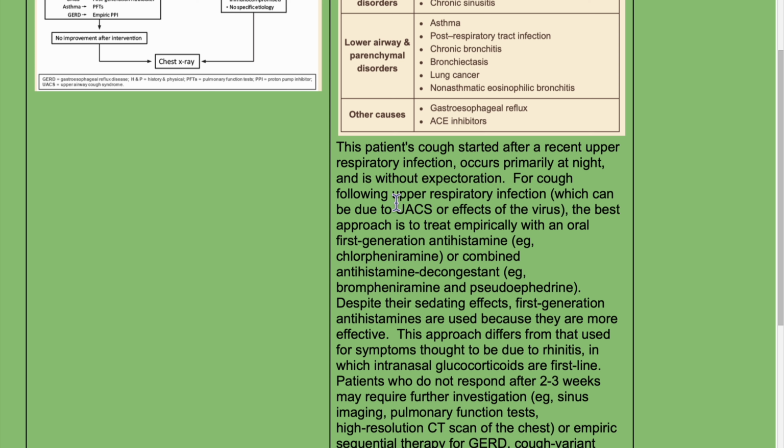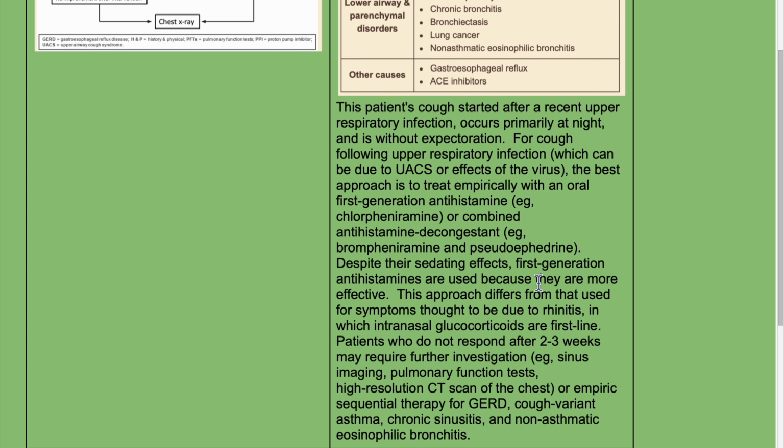The best approach is to treat empirically with an oral first generation antihistamine, for example chlorpheniramine, or combined antihistamine decongestants, for example brompheniramine or pseudoephedrine. Despite their sedating effects, first generation antihistamines are used because they are more effective. This approach differs from that used for symptoms thought to be due to rhinitis, in which intranasal glucocorticoids are first line.